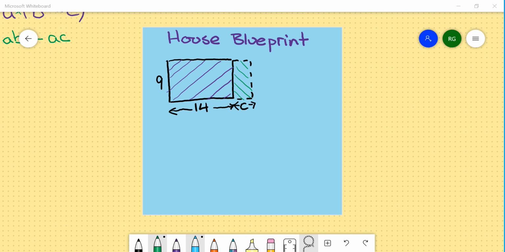If the resident wanted to build a deck and they didn't know how long they could make the deck, where I've written the C value, they may, this is very hypothetical, but they may only be allowed to have the house to be an area of, let's say, 171 meters squared. Okay, so that's the total area of their house. They then need to know, how big can I make my deck if I'm going to put it on this end of the house?